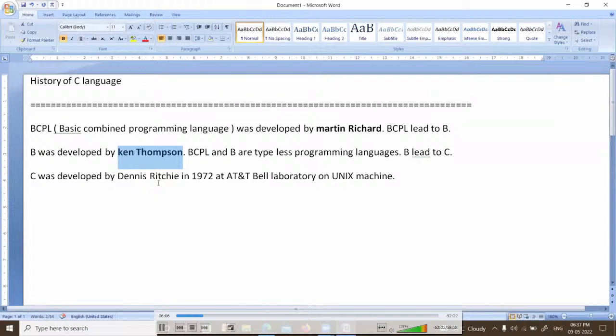The name of the symbol is hash symbol. It is also called preprocessor statements or preprocessor directive statements.